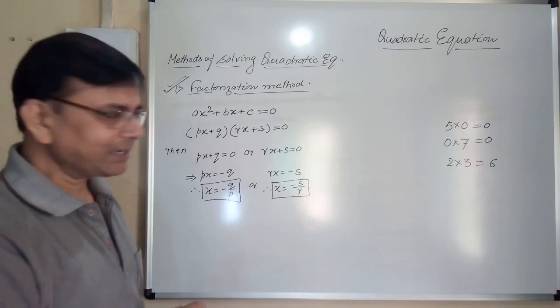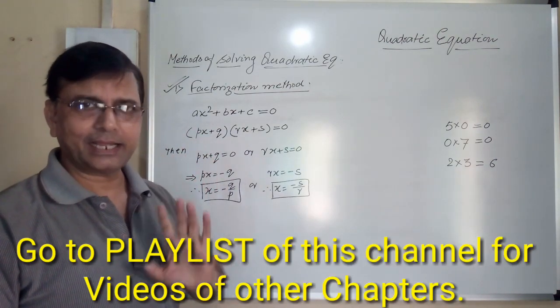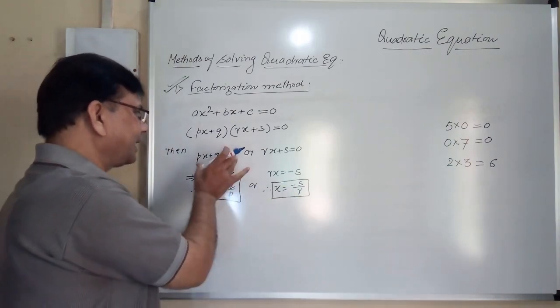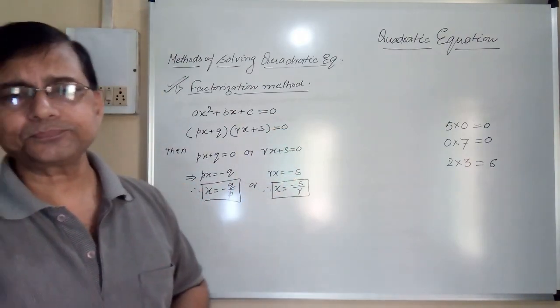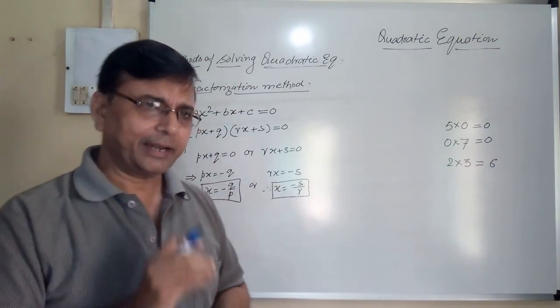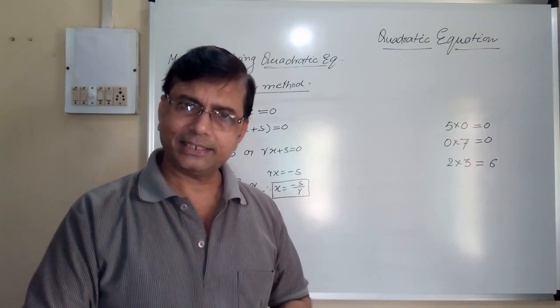Why is it called linear factor? Because the power on the variable is 1. In the first lecture I had told you. So there will be two values of x, either this is equal to 0 or this is equal to 0. This is the basic concept behind the solution of any quadratic equation by factorization method.